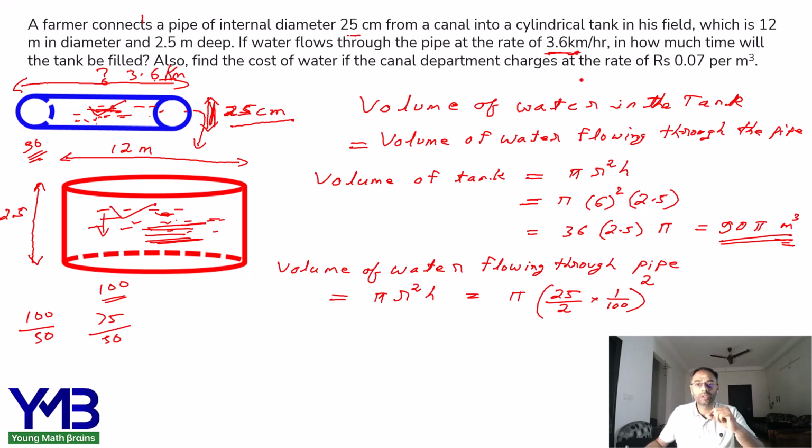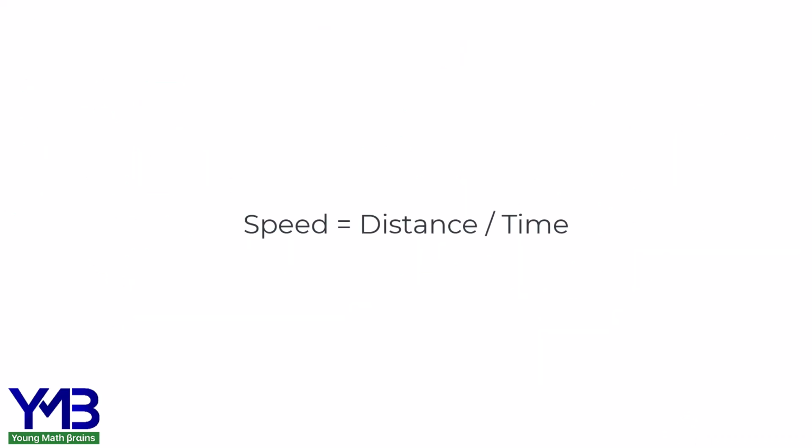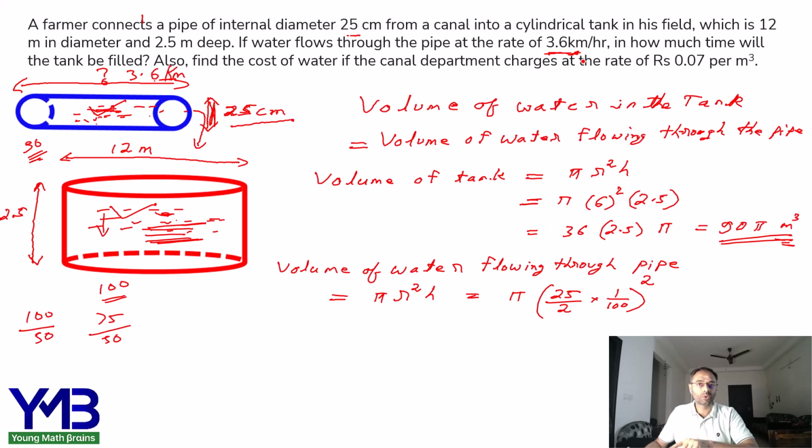So what we can do here is speed is equal to distance by time. Distance here in this case is, say, h, which is the length or the height of the pipe. So speed equal to distance by time, so distance equal to speed into time. Right? So instead of distance, we can just multiply the speed and time there itself.